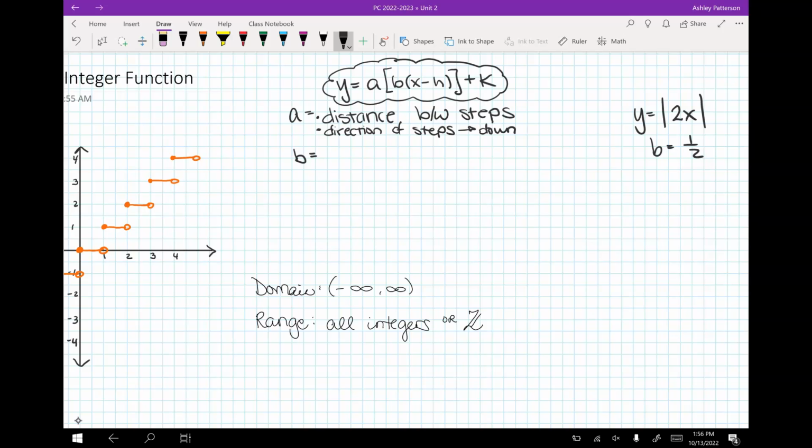If I drive to school, and normally let's just say it takes me 10 minutes to drive to school. If I drive now twice as fast because I'm running late, I'm like, oh no, my second period is going to be so mad I'm not there on time. If I drive twice as fast, I will get there in half the time. So the B value speeds up how far we're getting to the next value, thus it's going to take us half the time.